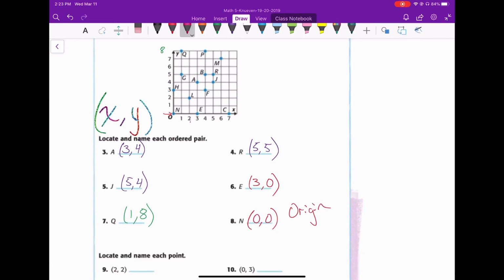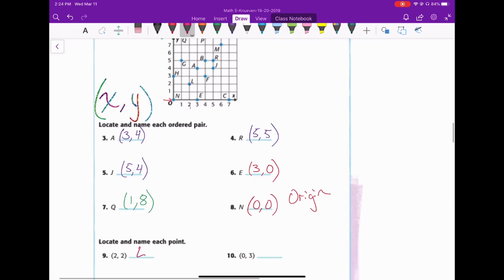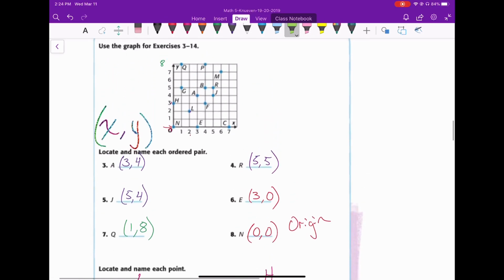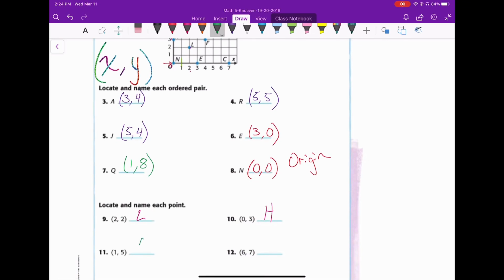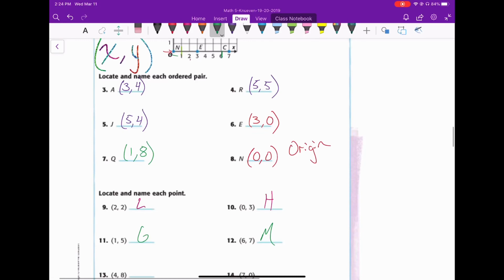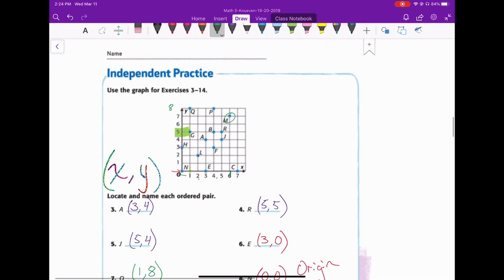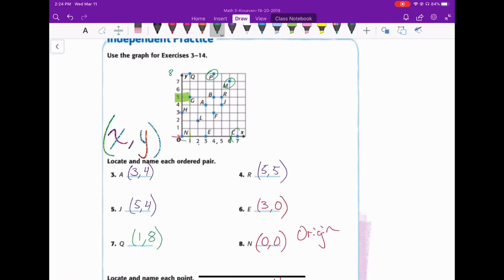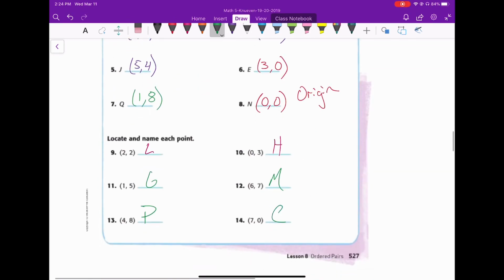So 2, and I'm going to look up at 2, so that would be L. For 0, 3, so 0, and I go up 3, so that would be H. For 1, 5, I'm going to look at 1, and I look up here to 5, so that would be G. And 6, 7, so I'm at 6, and I look all the way up here at 7, so that would be M. And then 4, 8, and at 4, and I go all the way up, and that would be up here, so that would be point P. And then number 14, 7, 0, so 7, I'm not going up any, so that would be C.